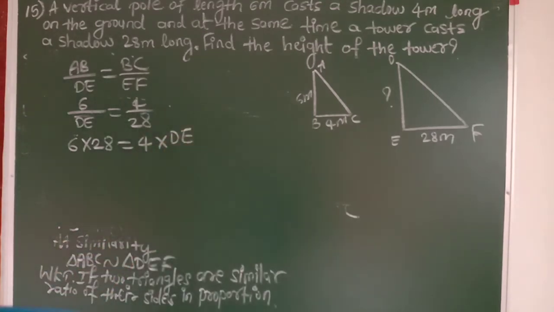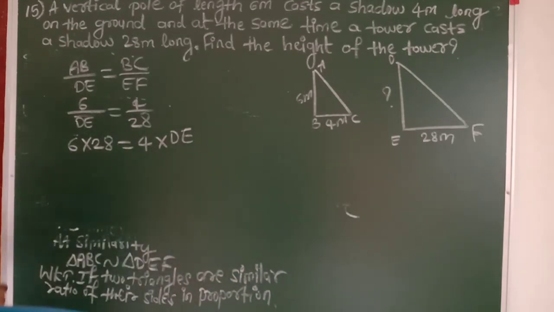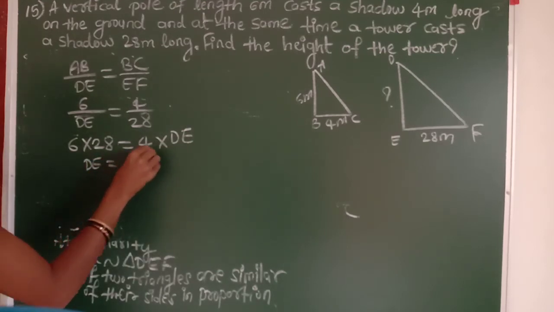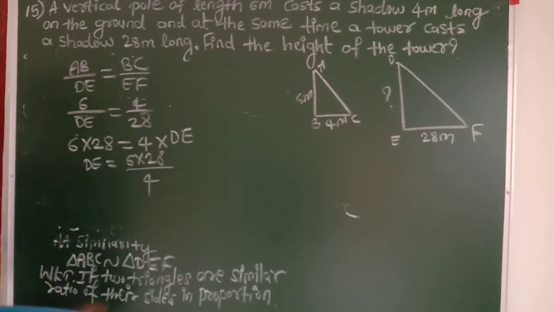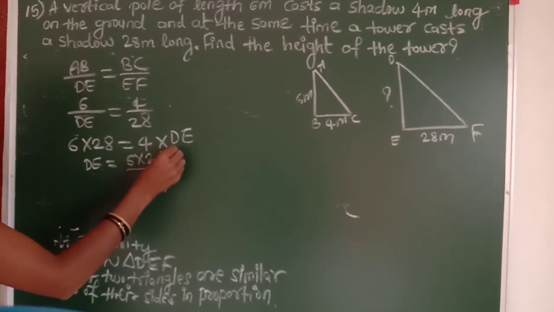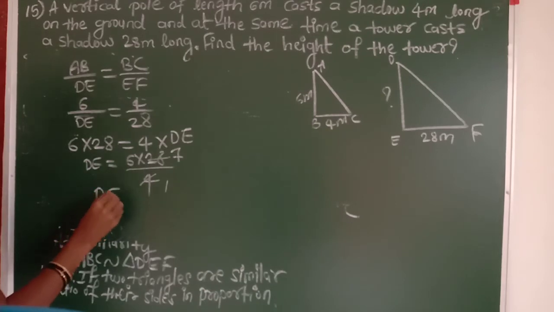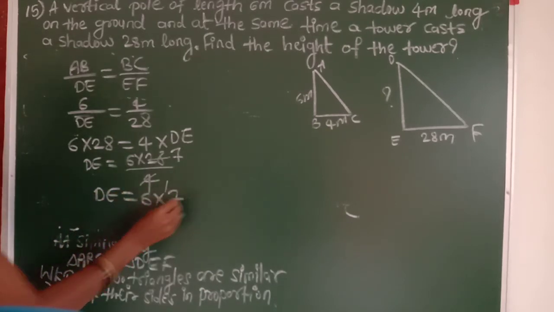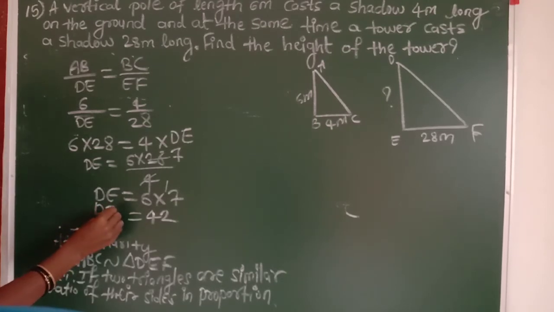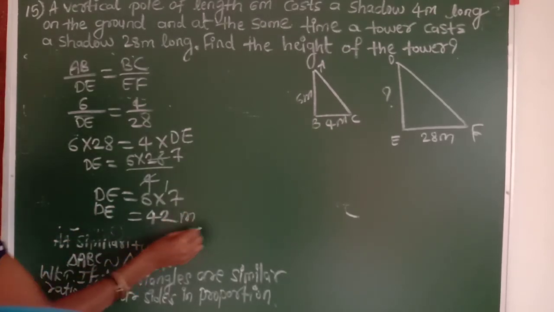So DE is equal to 6 into 28 divided by 4. So 4 ones are 4, 4 sevens are 28. DE is equal to 6 into 7. So DE is equal to 42 meters.